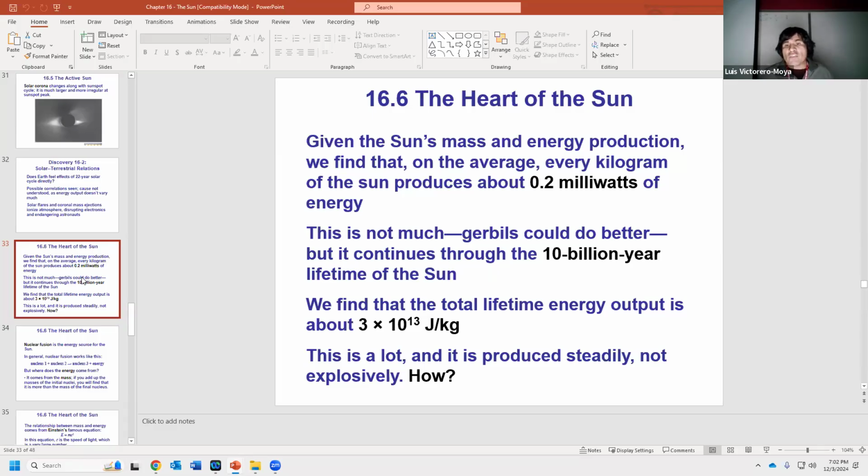This is allowing the sun to live for roughly 10 billion years. Now, this energy output can be measured with solar panels, right? And we can use them, right? We have started to use solar energy. Now, where does this energy come from? From the core.